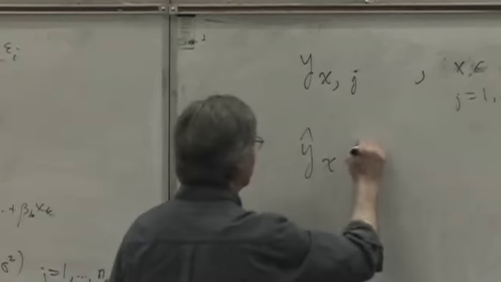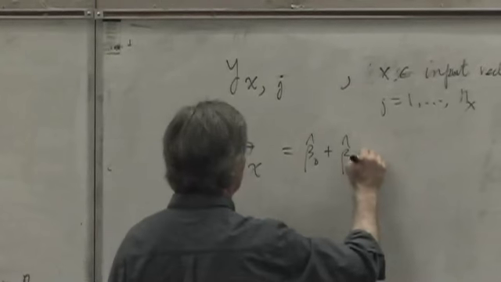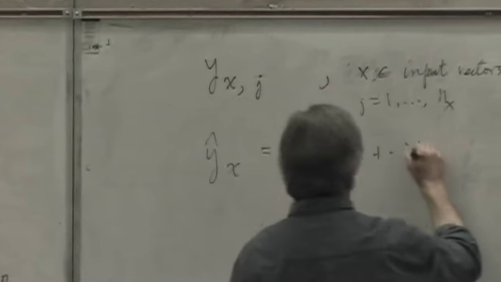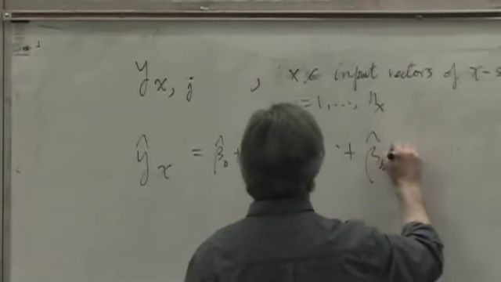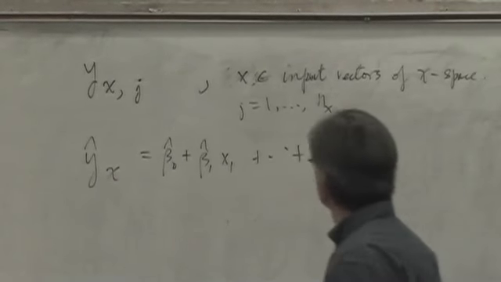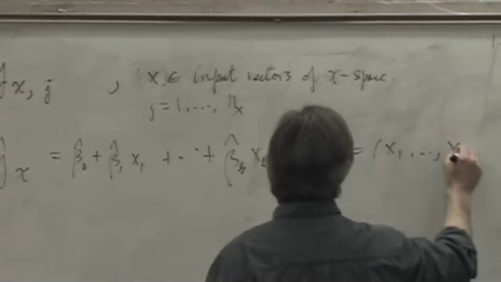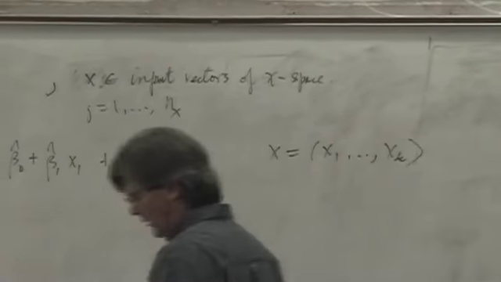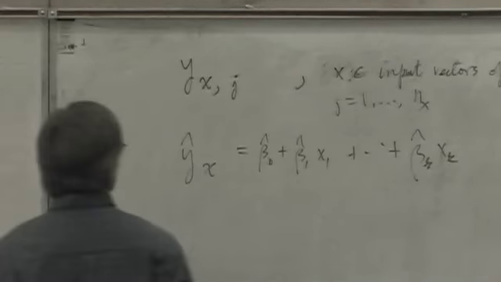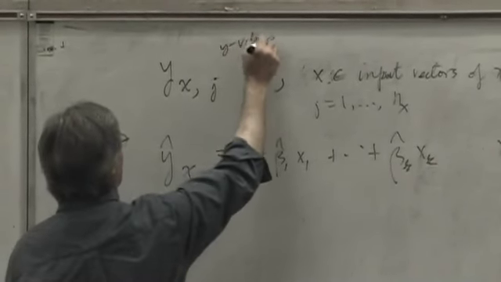That's beta 0 hat plus beta 1 hat x1, plus and so on, plus beta k hat xk, for x equals x1 through xk. That's our predicted value. This is the y values, doubly indexed.